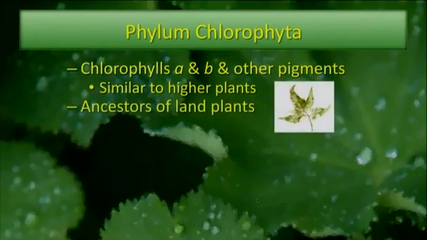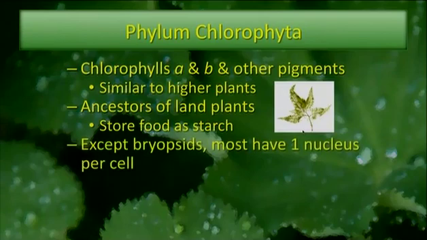The green algae are the ancestors of the land plants. Here's a fern, which is of course a land plant. And like land plants, they store food as starch within their chloroplasts.